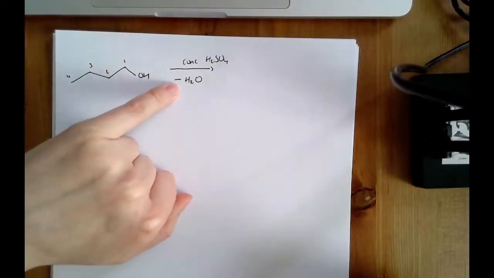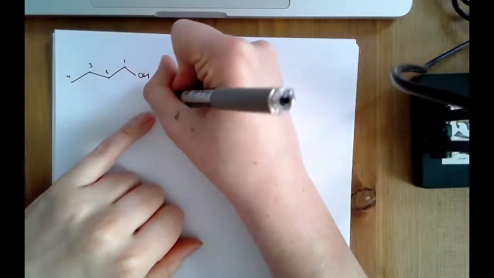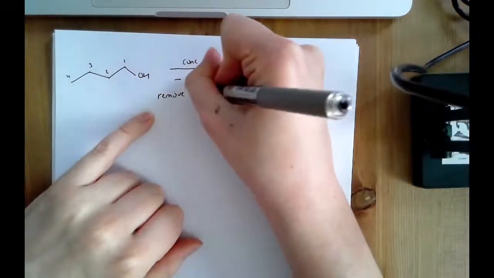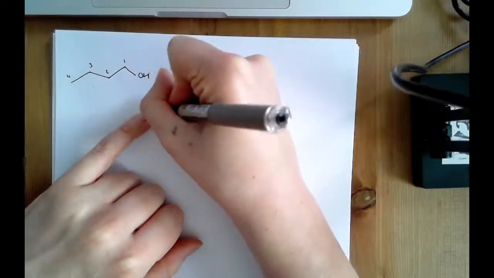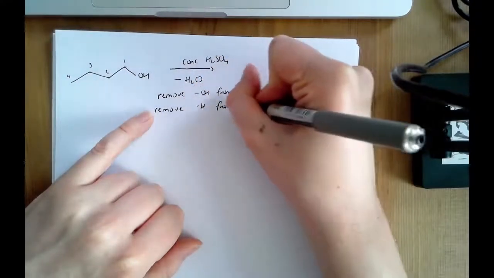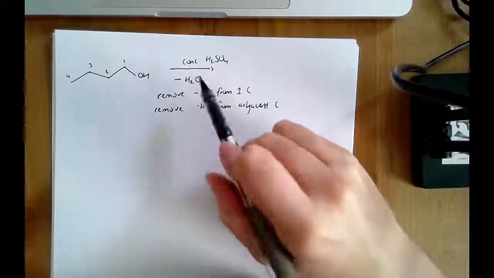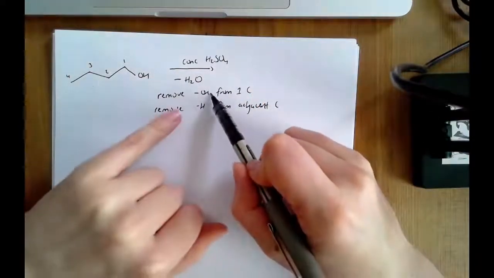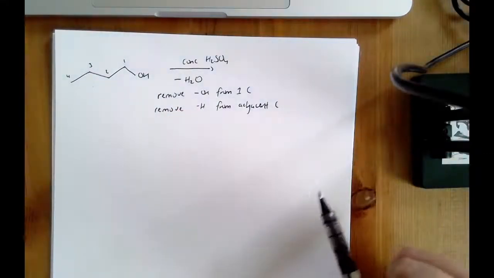I am going to be removing OH from 1 carbon, and then I'm going to remove a hydrogen from an adjacent carbon. So to remove H2O, I'm going to remove OH and a H. OH from 1 carbon, hydrogen from a carbon next to it.